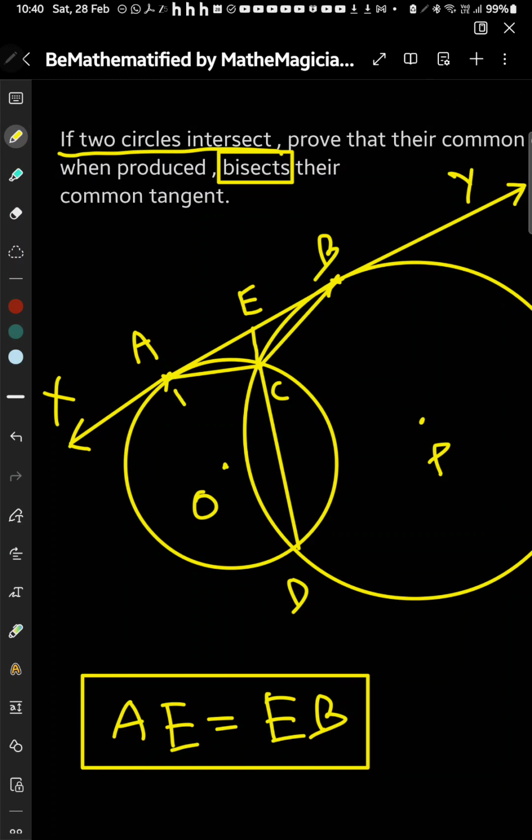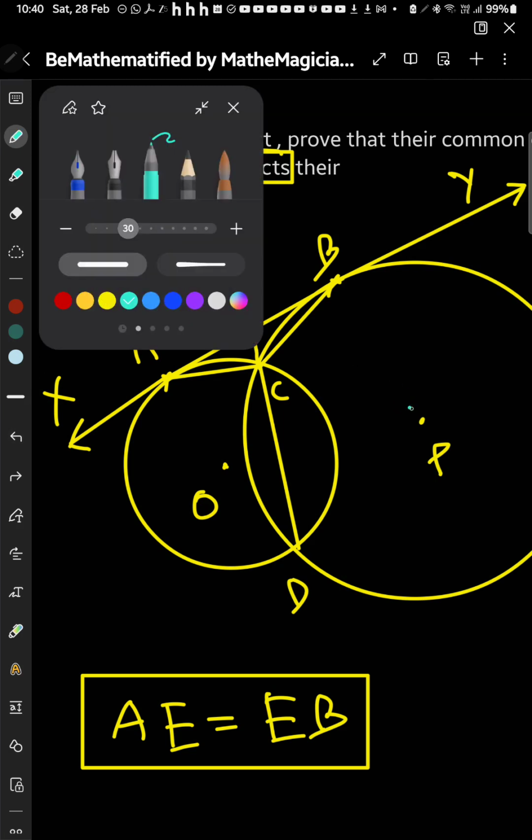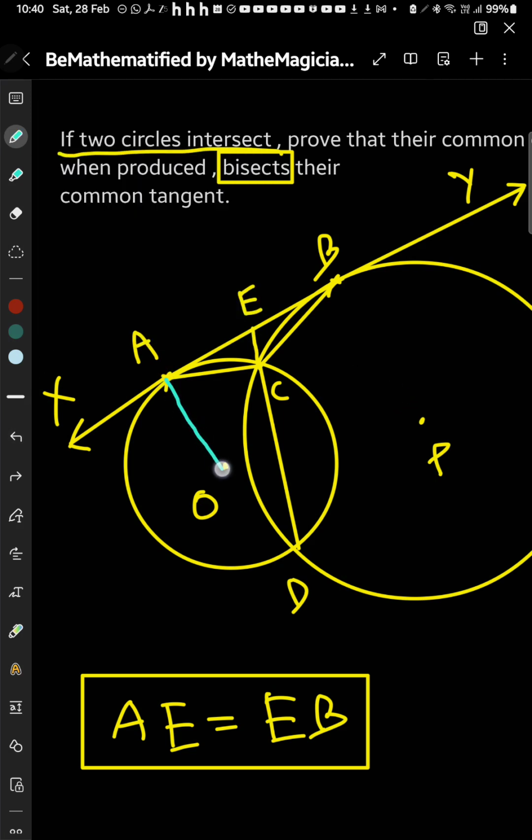So if I join, let us take a different ink, if I draw two radii, obviously they are 90 degrees because for any circle, the radius passing through the point of contact is perpendicular to the tangent.